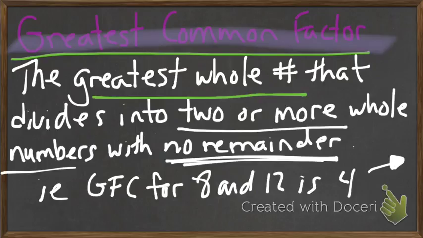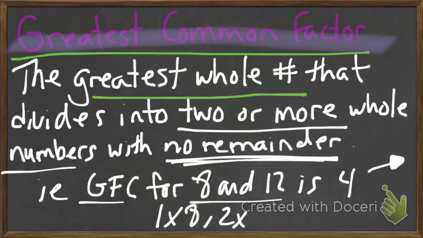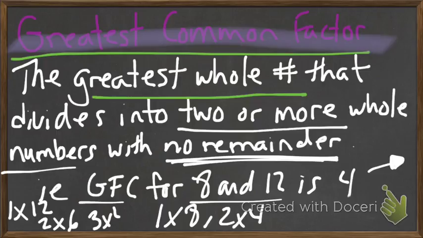Okay, so when we divide a big number, for example, if we look at the greatest common factor for 8 and 12, 8 can be broken down into 1 multiplied by 8, 2 multiplied by 4, or you can reverse these two sets of numbers, so 8 multiplied by 1 and 4 multiplied by 2. 12, you can have 1 multiplied by 12, 2 multiplied by 6, and 3 multiplied by 4. Now you probably won't be able to see those ones on the bottom, so I'm going to write them on the other side here. 1 by 12, 2 by 6, 3 by 4. These will all give you 12.